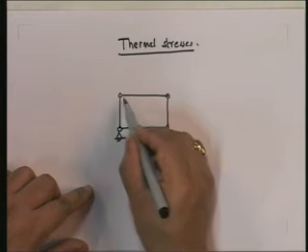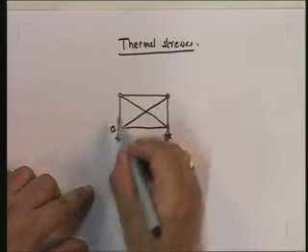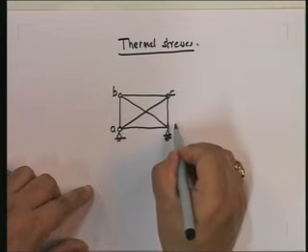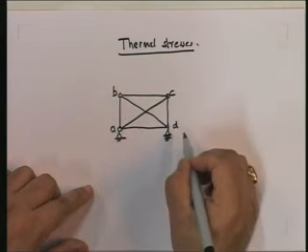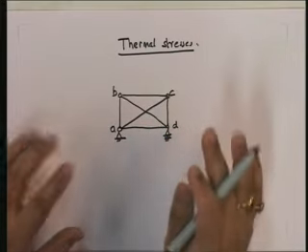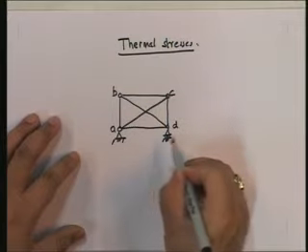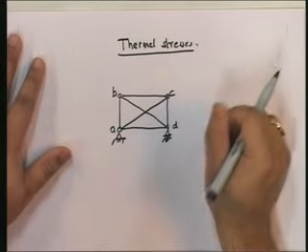In other words, in this particular case, members AB and CD are 3 meters, AC and BD are 5 meters, BC and AD are 4 meters. Perfect. We've all put it together. We've constructed this truss. We've prepared the supports and put the truss up.